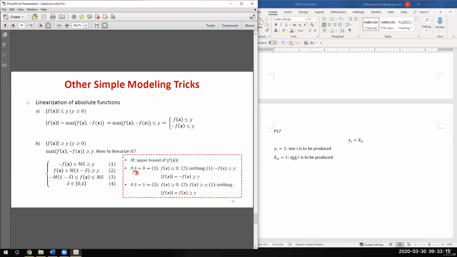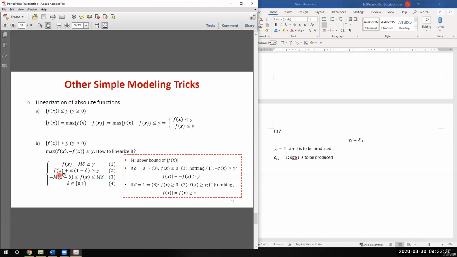Suppose your delta equals 0. You substitute into 1, 2, 3. What are you going to have? Constraint 1 tells you negative f(x) plus 0 is greater than or equal to y. That means negative f(x) is greater than or equal to y.